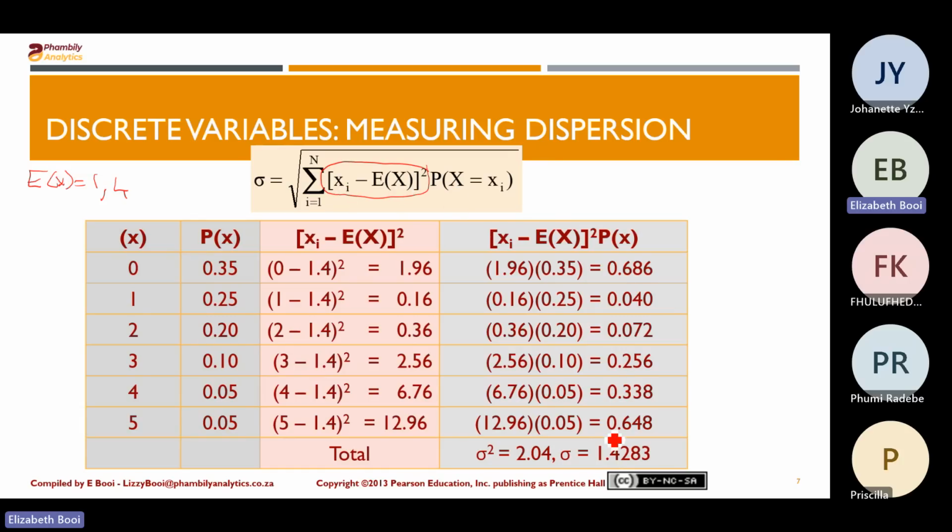So we're adding all these answers and we get the variance, the summation, of 2.04. And when we take the square root, we get the standard deviation of 1.428.